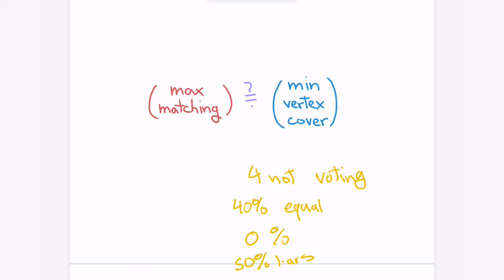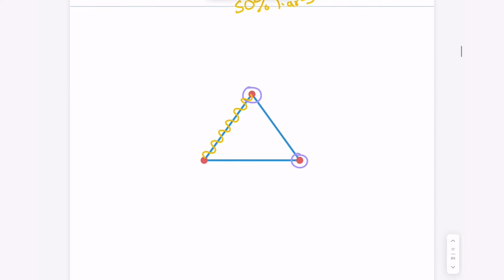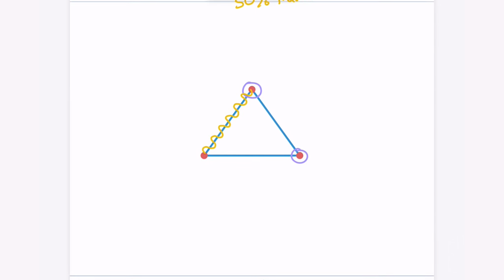So actually, they'll be equal. That's right. So like a triangle like this, you can only take one of the edges, but you have to take at least two of the corners. So even though they're primal dual, just like other problems we've seen, they're actually not equal this time, which can happen. So it's good for you to see one example where they're not always equal.